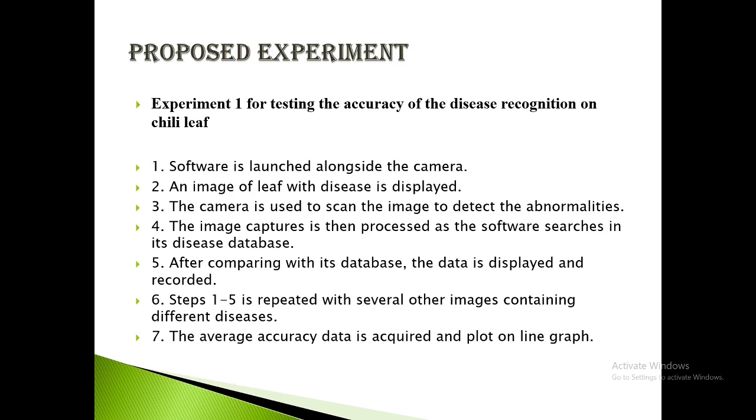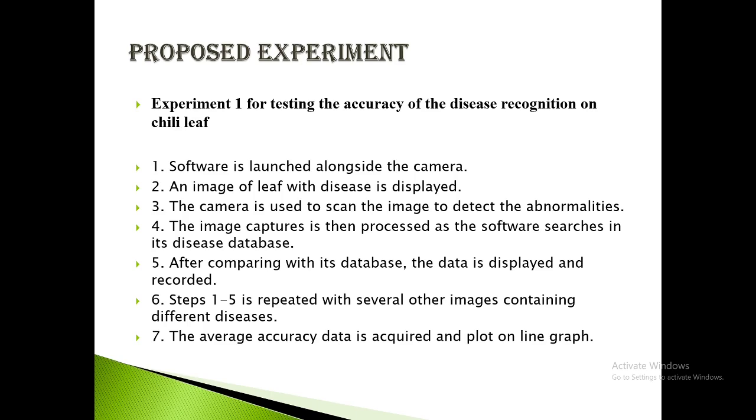These slides show the proposed experiments conducted on the recognition system. The first experiment is for testing the accuracy of disease recognition on chili leaf. There are some procedures. First, the software is launched alongside the camera. An image of a leaf with disease is displayed.